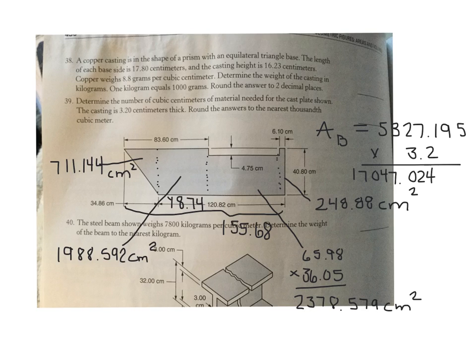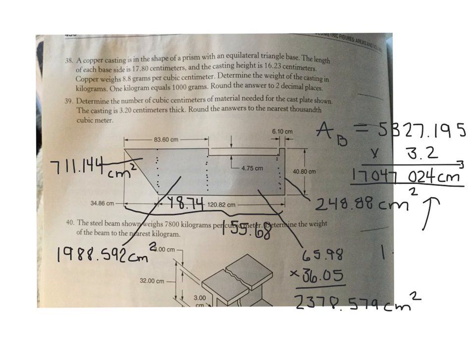17,047.024 cubic centimeters, and we've learned that to convert from cubic centimeters to cubic meters, we're going to have to multiply that by a conversion factor of 1 cubic meter over 1 million cubic centimeters, which would involve division.